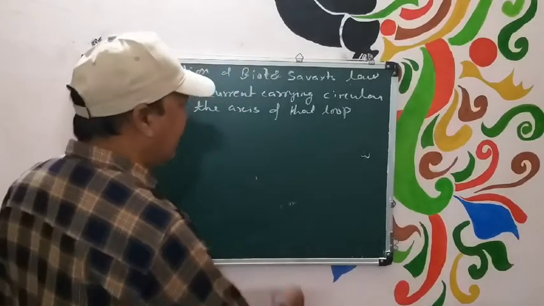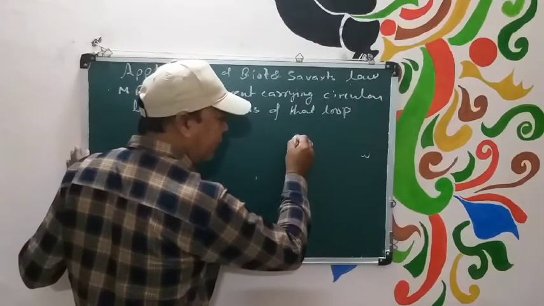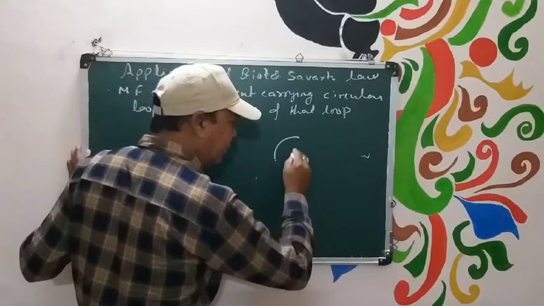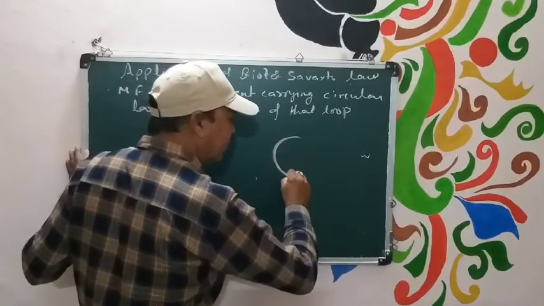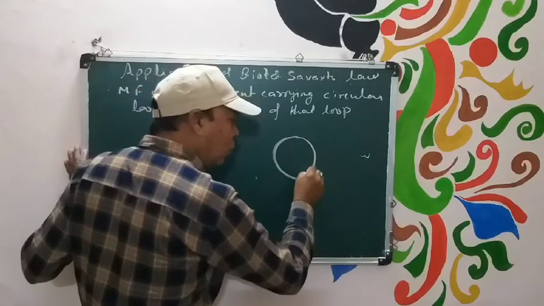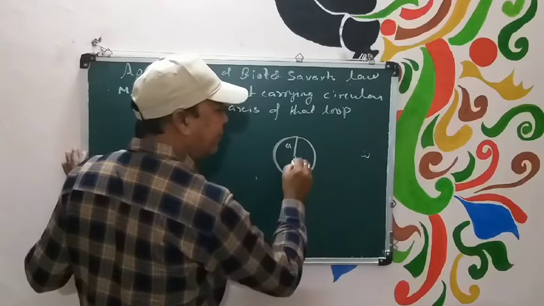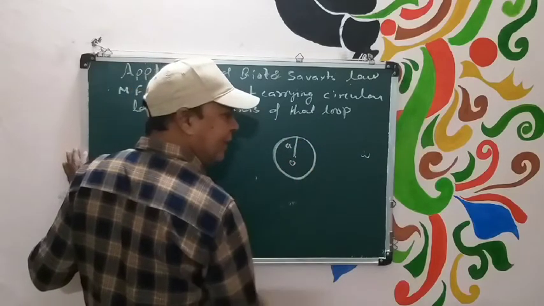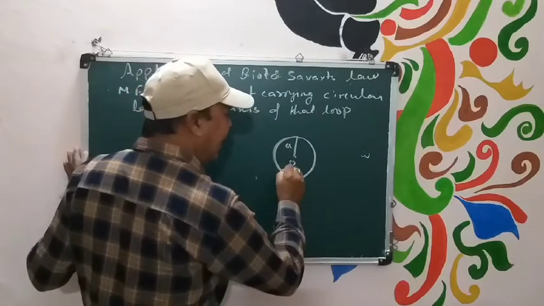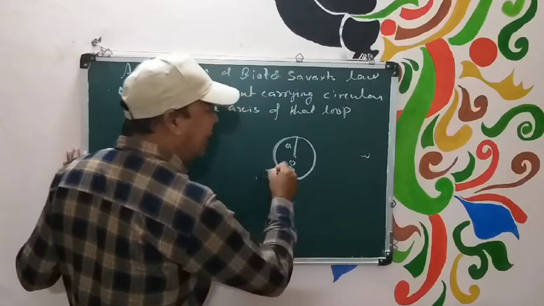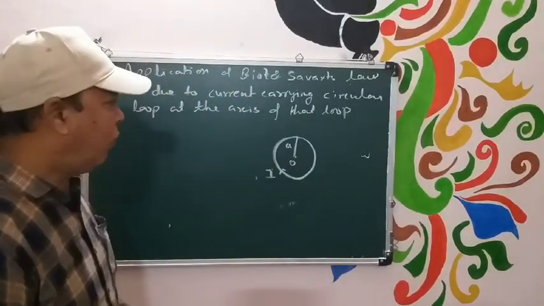Now think, suppose this is our coil. This is a circular coil. Maybe its radius is A, O is its center, and I current is flowing through this circular loop. What we have taken?